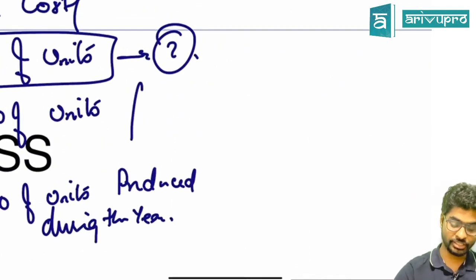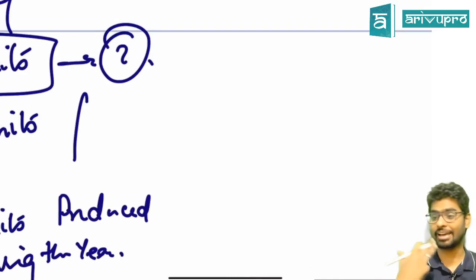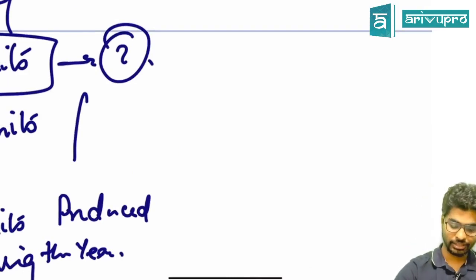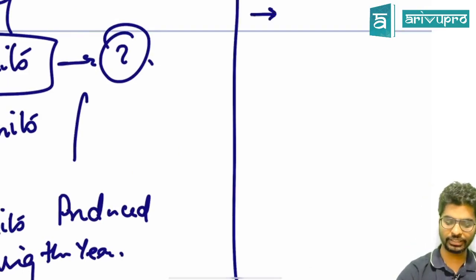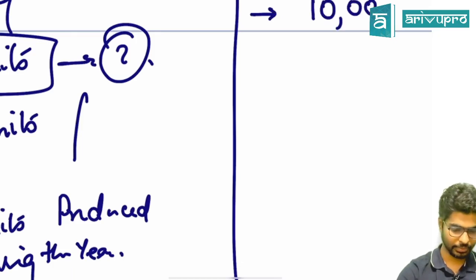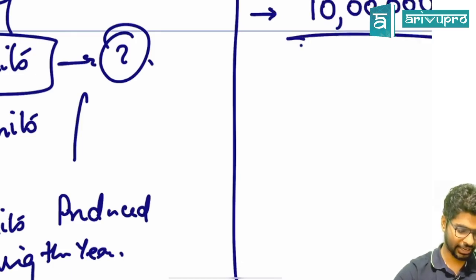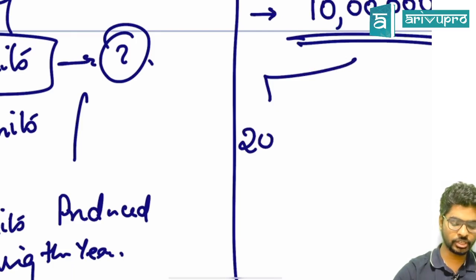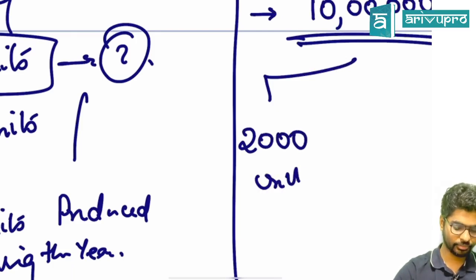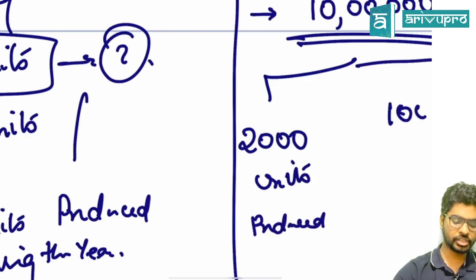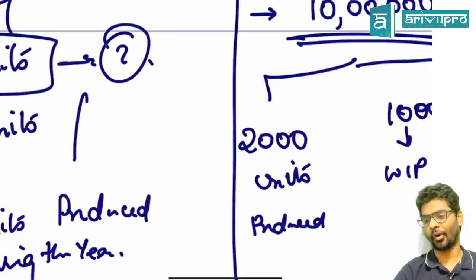Now if you are saying number of units produced, I still have a problem. Let's say I've spent 10 lakhs. 2000 units were completed, that is, 2000 units were produced. 1000 units were work in progress. What is going to be your denominator now?